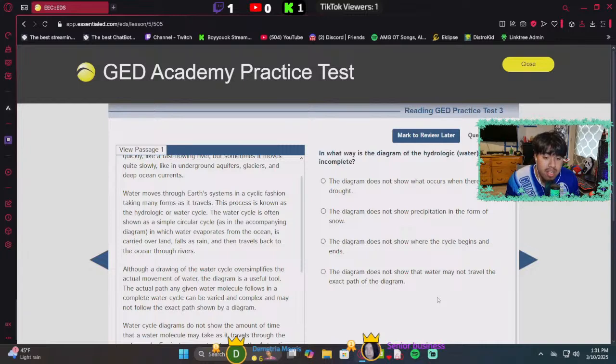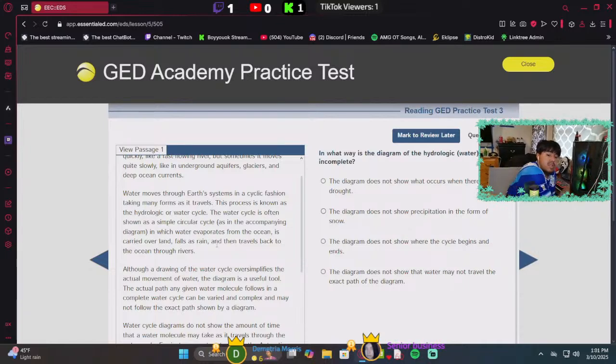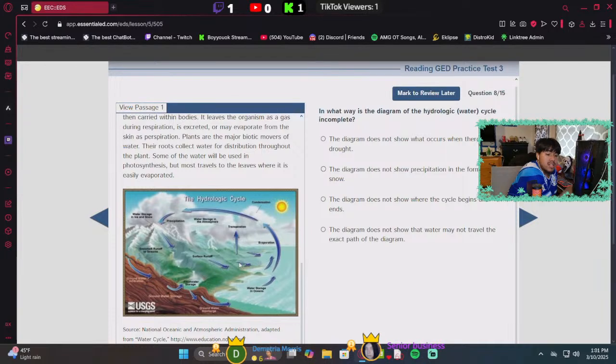The diagram does not show what occurs when there is a drought. It does not show precipitation, or where the cycle begins and ends. It does not show that water may not travel the exact path of the diagram.